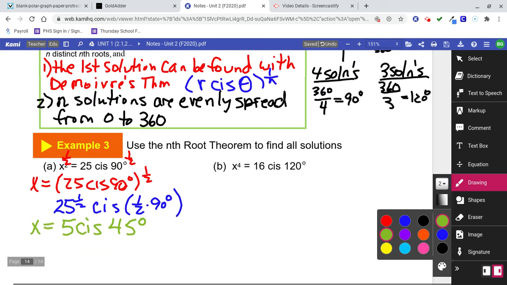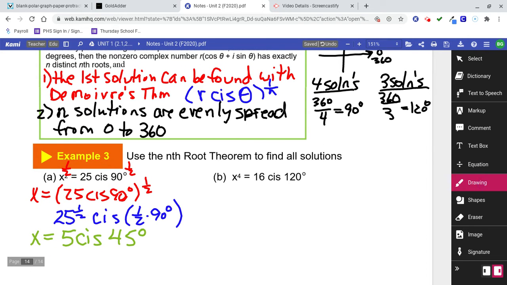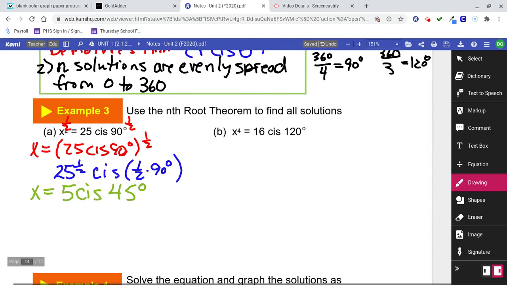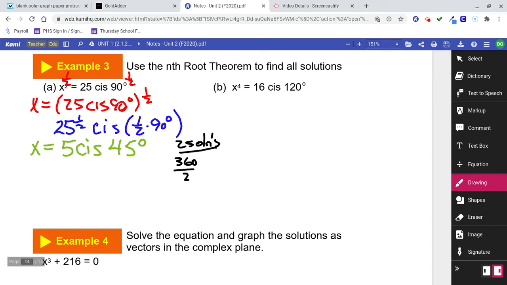So remember the steps up here. The first solution can be found with DeMoivre's theorem. That's what I did. That's the first solution. How many solutions are there in this question? There are 2. Okay, we know there are 2 solutions. So if there are 2 solutions and they are evenly spaced, then that means they must be 180 degrees apart from each other, yes?